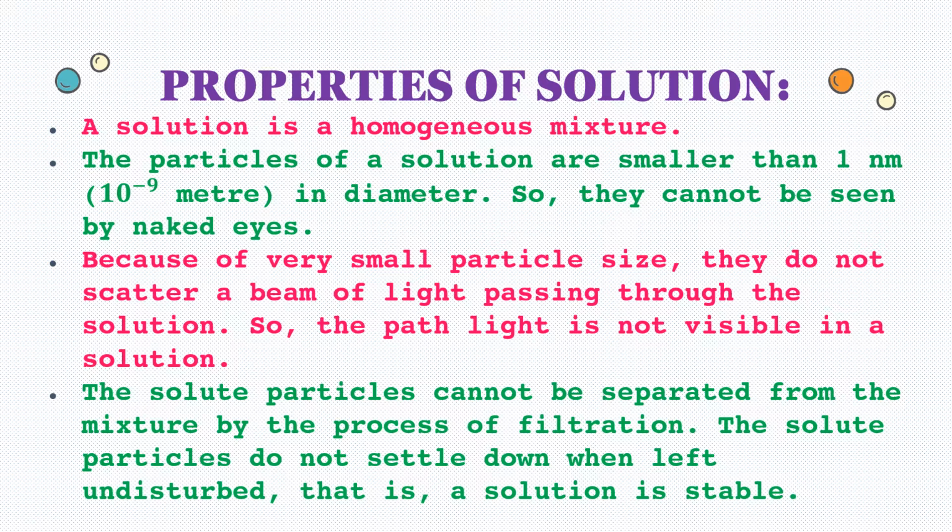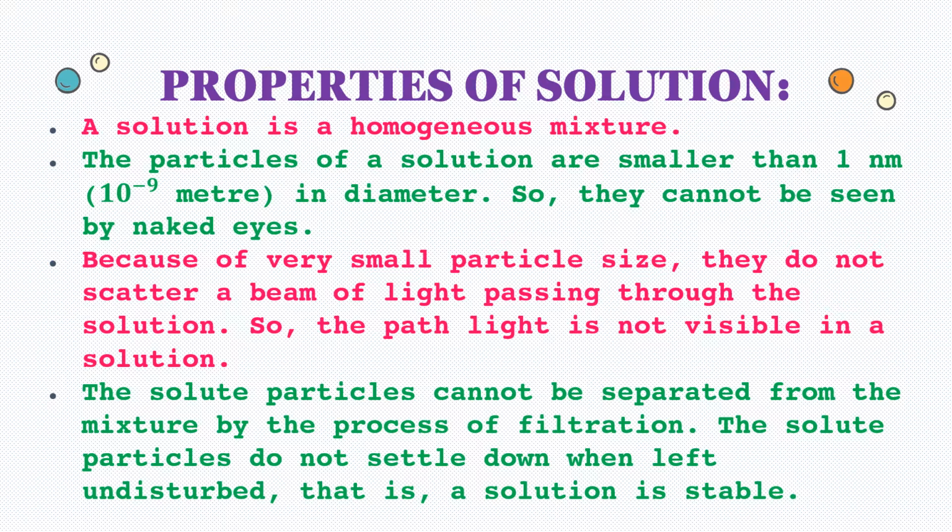Moving further, the next property is that the solute particles can't be separated from the mixture by the process of filtration, because they are mixed uniformly throughout. So we can't separate the constituents of the mixture using the filtration process.